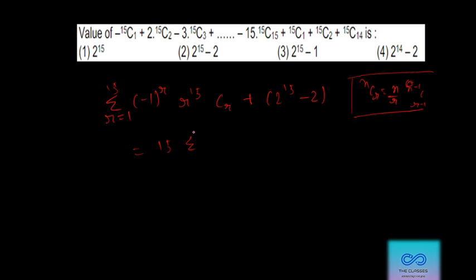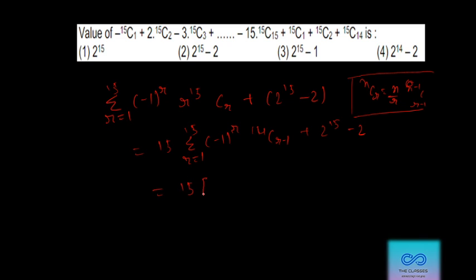So here r goes from 1 to 15. We have taken out n as 15. So minus 1 to the power r, and r is gone, so we are left with 14c r minus 1, plus 2 to the power 15 minus 2.